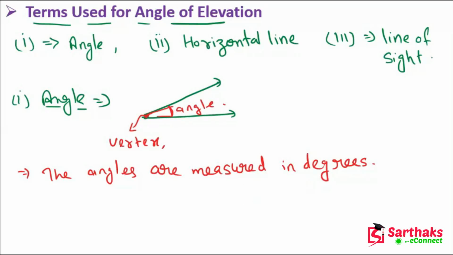So now the second point is horizontal line. It is a straight line on the coordinate flat surface where all points on the line have the same y coordinates.